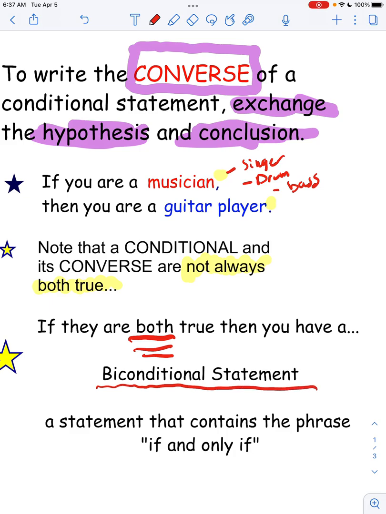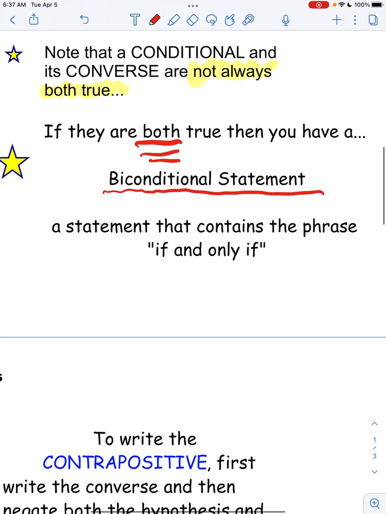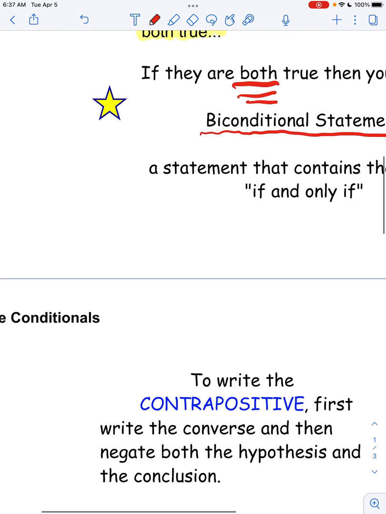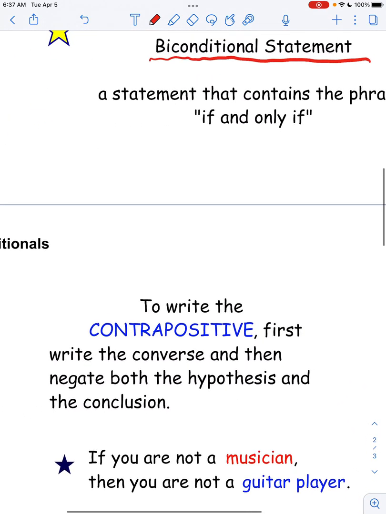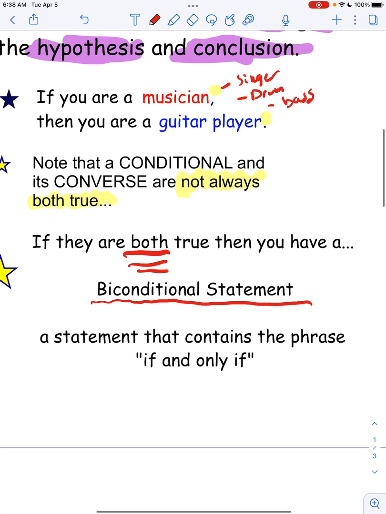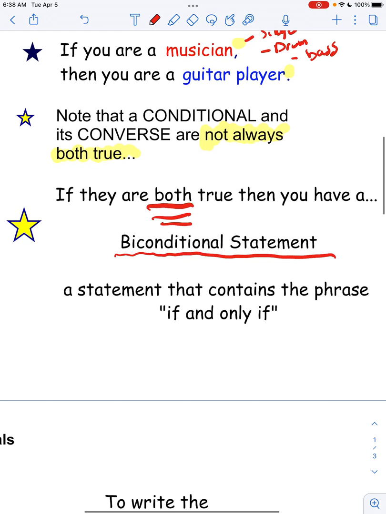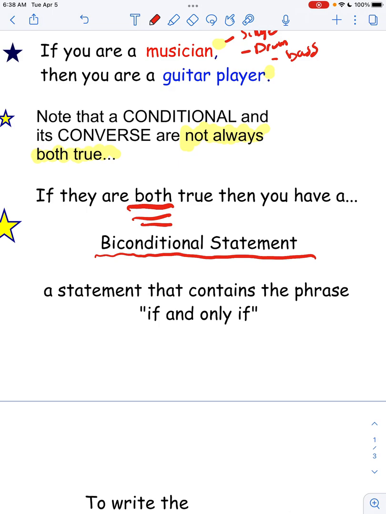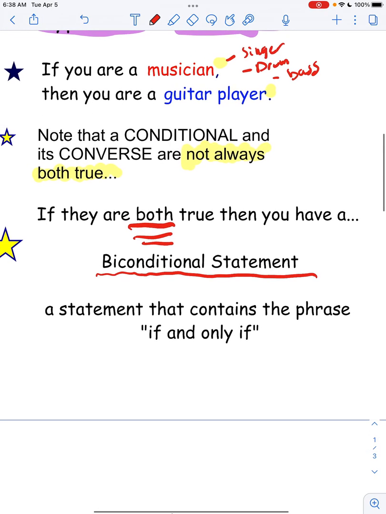And so when they are both true, then you have a biconditional statement, a statement that contains the phrase if and only if.